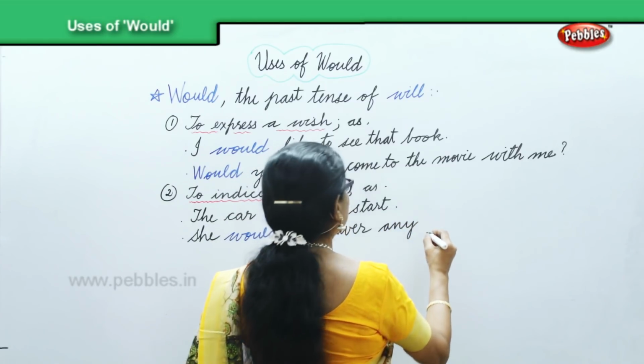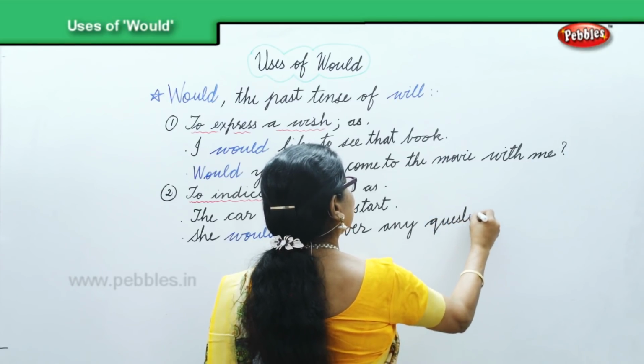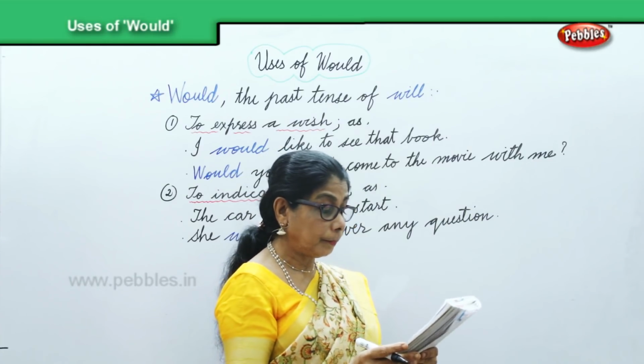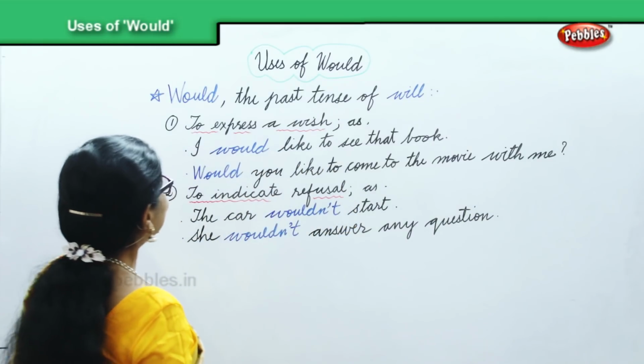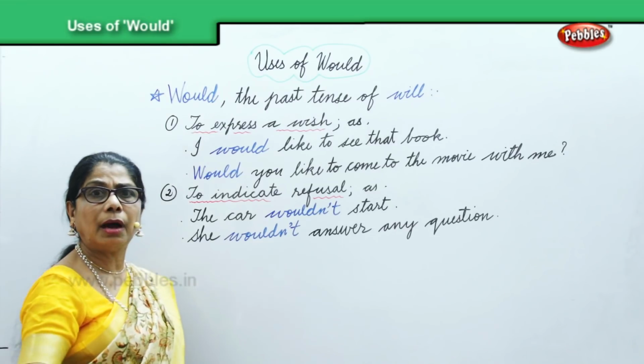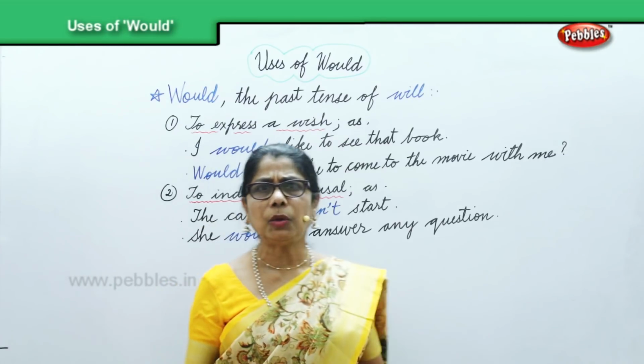She wouldn't answer any question. That is, she wouldn't answer all the questions you put. Okay, so the first is to express a wish. Second, to indicate refusal. The car wouldn't start. She wouldn't answer any question.